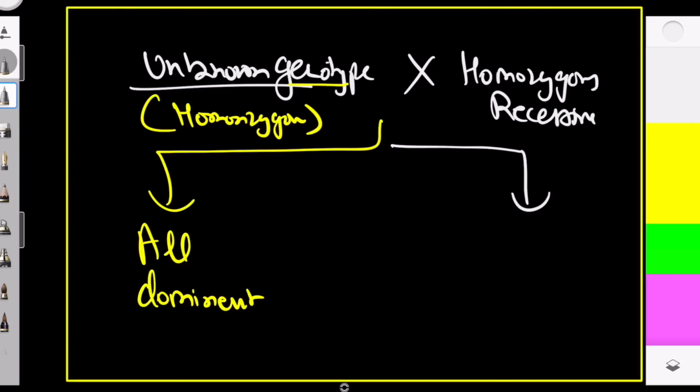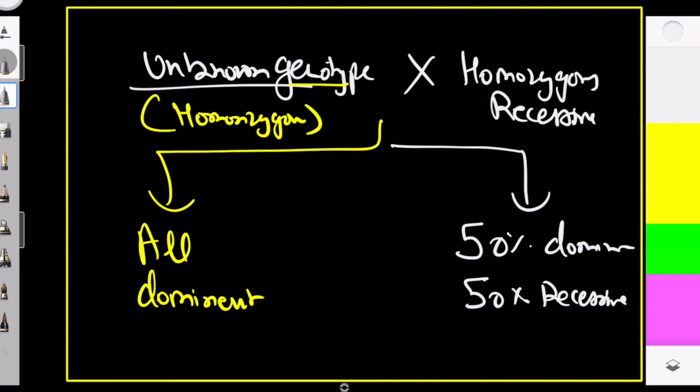And if you have the result that 50% of the progeny show the dominant phenotype and 50% of the progeny show the recessive phenotype, in that situation, the unknown genotype is heterozygous.